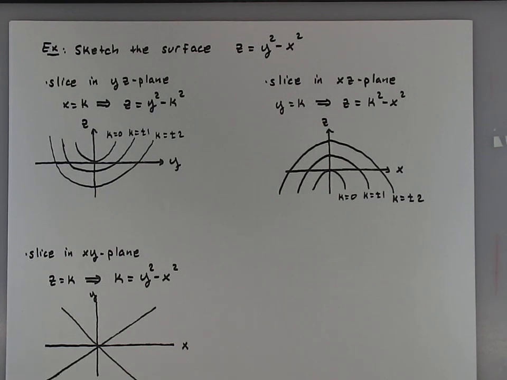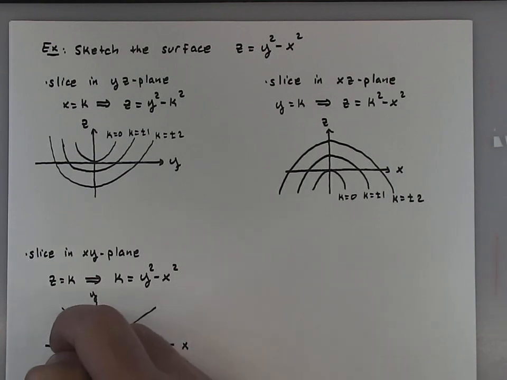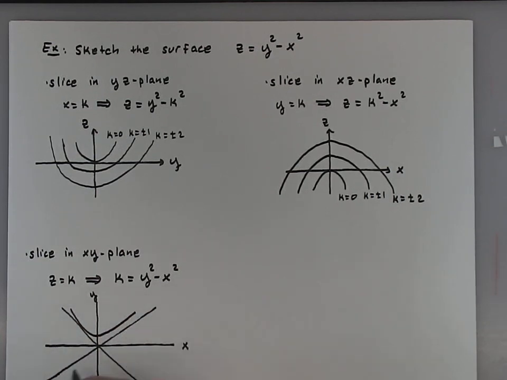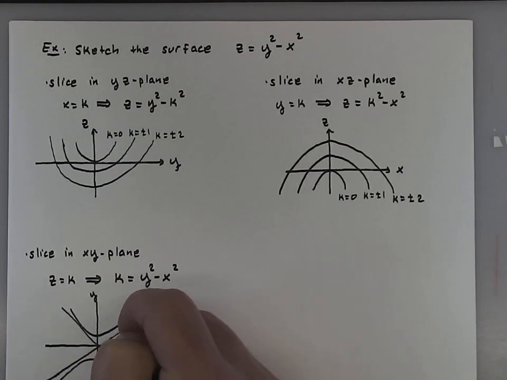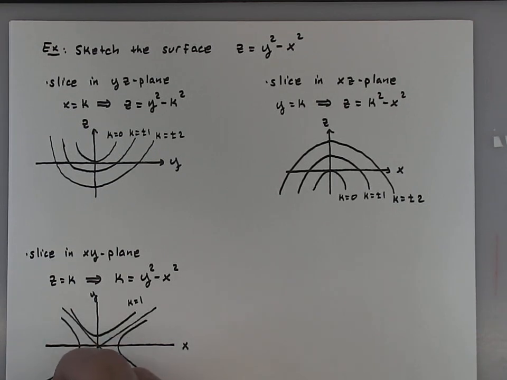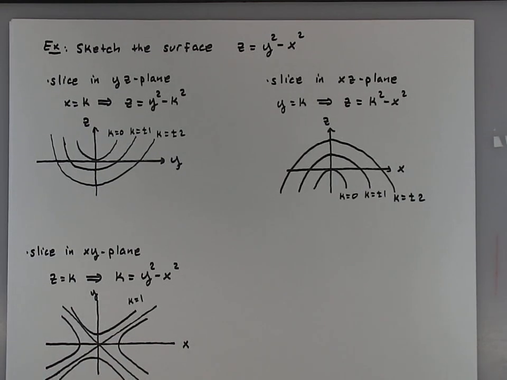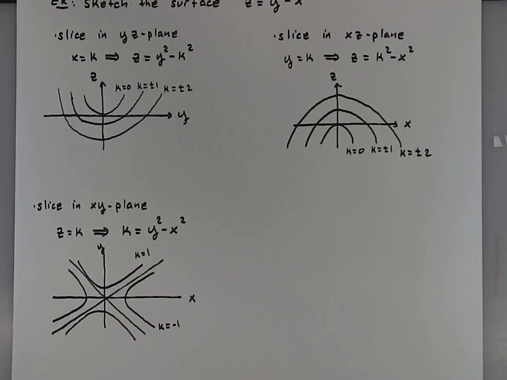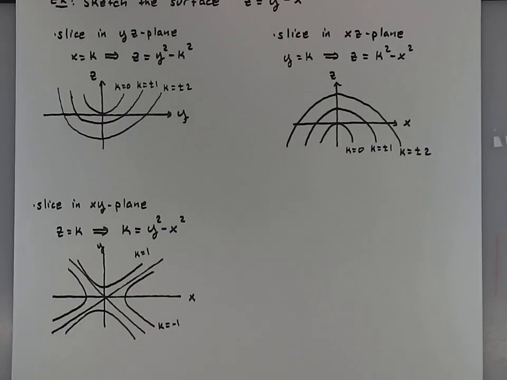If k is 1, then I get this hyperbola. So this is if k is 1. If k is negative 1, I get this hyperbola here. So if k is 1, it's an up and down hyperbola, or a vertical hyperbola. If k is negative 1, it's a left-right hyperbola. And if k equals 0, the lines are at y equals plus or minus x.